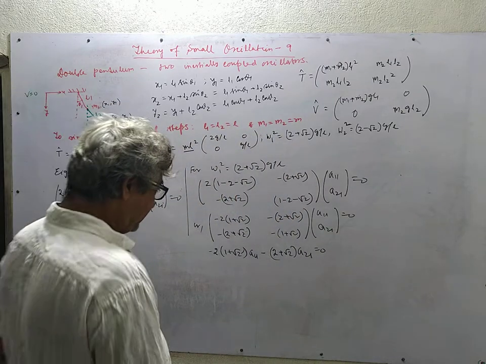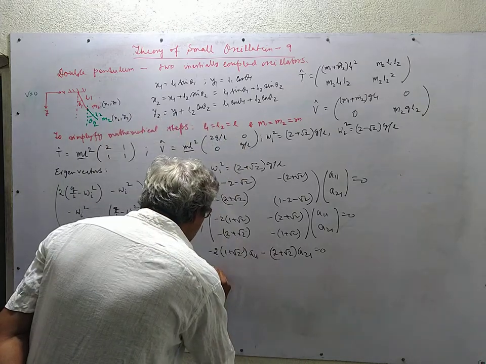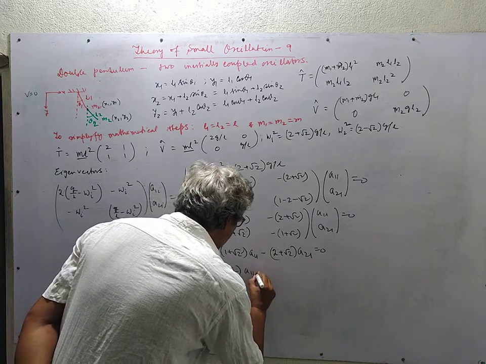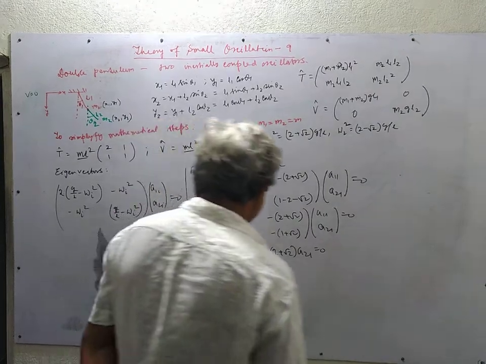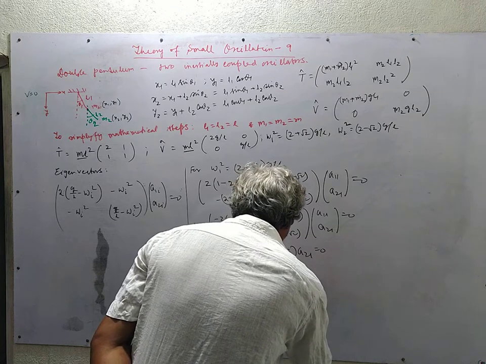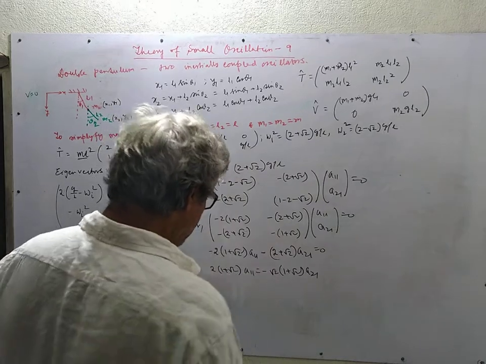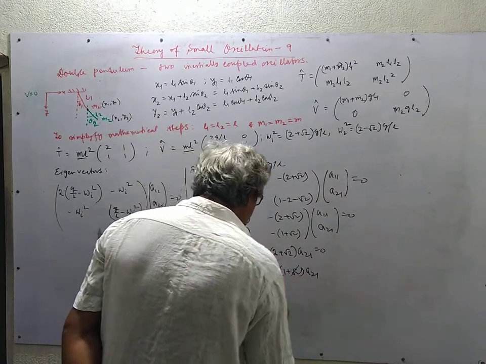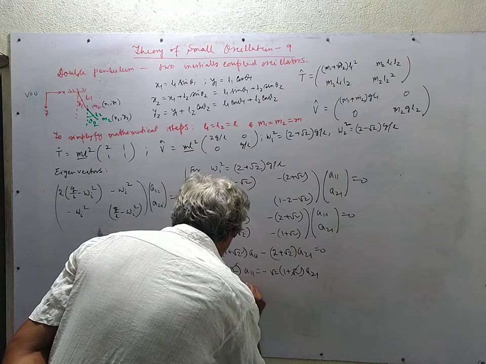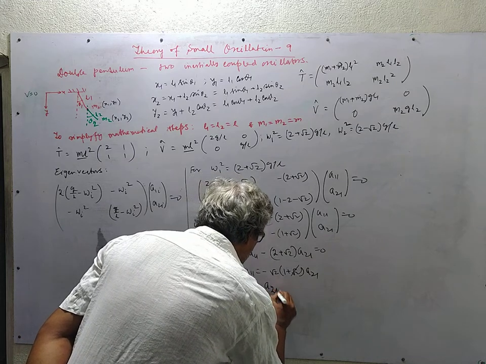So if we take root 2 common out of it, we get 2 (1 plus root 2) a11 is equal to minus, taking root 2 common, (1 plus root 2) a21. So this part goes, so we have root 2 a11 is equal to minus a21.